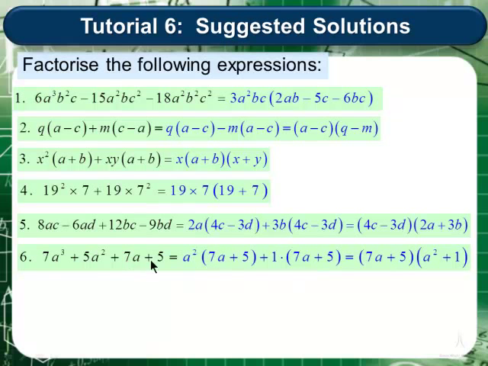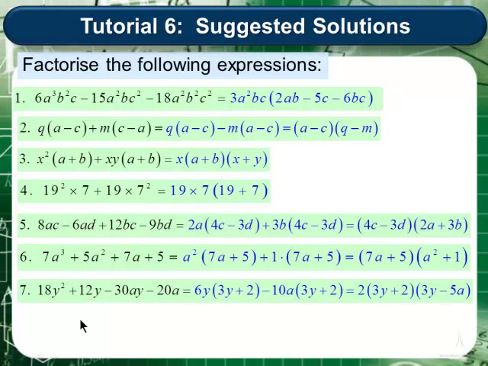Just take the number 1 from each of these terms if you want to take a common factor, because that's the biggest common factor for those 2 terms, plus 1. Then we can see we have a common factor now, which we can take, and the remainder from the 2 terms will be A squared plus 1, and that becomes the second factor of the product, which is then the factorized version of our original expression.